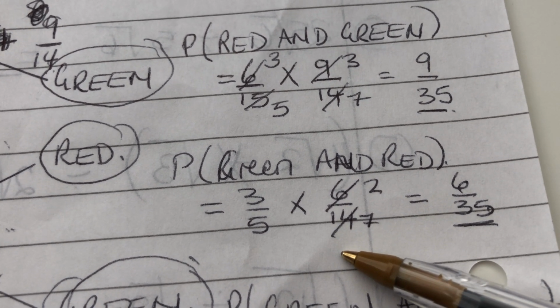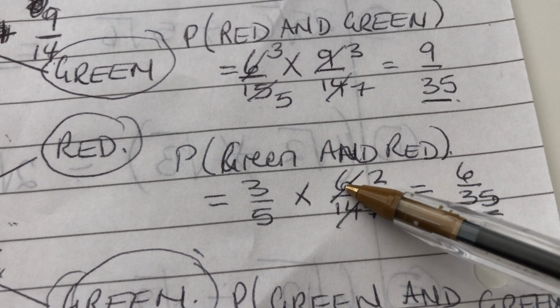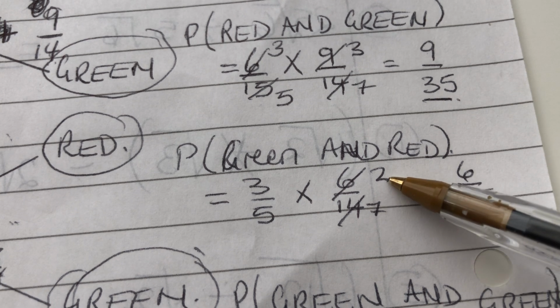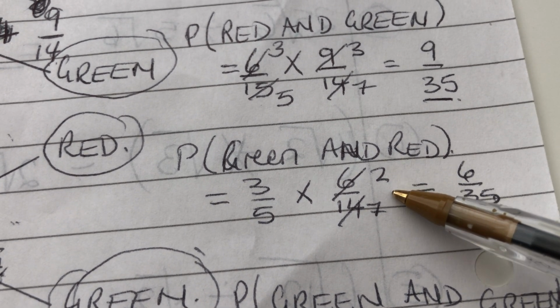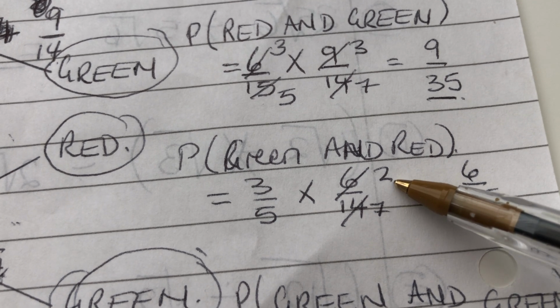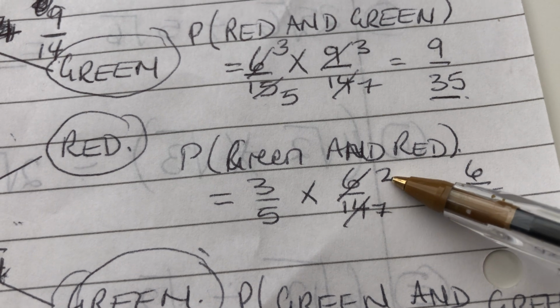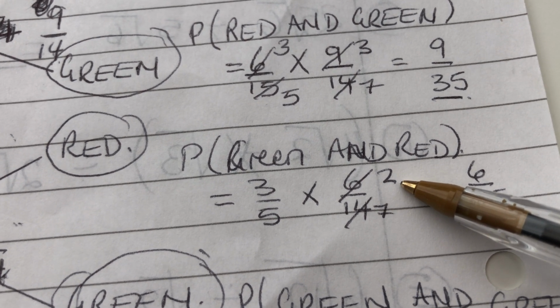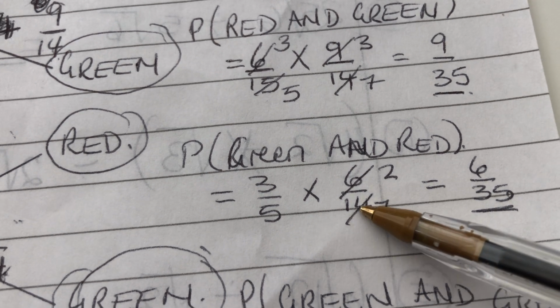Here again, how many 2s do we have in 6? How many 3s do we have in 6 too? And then we have 7 here.